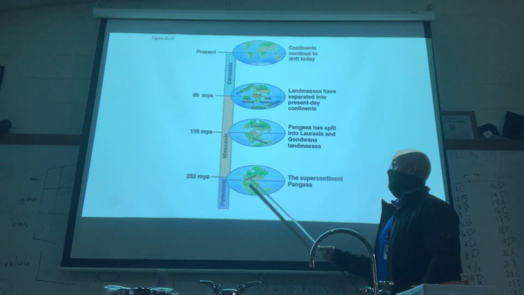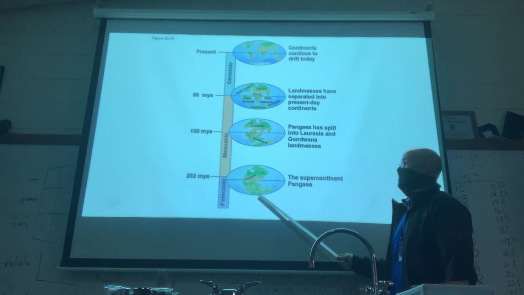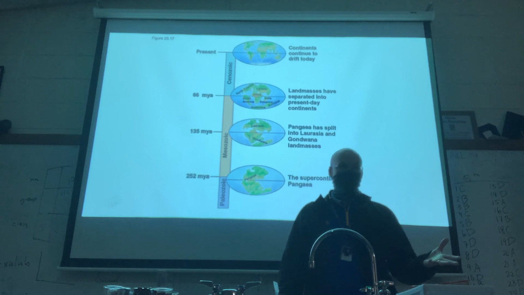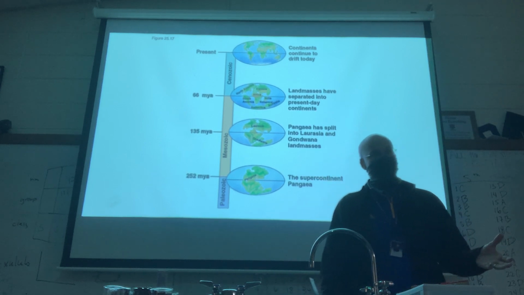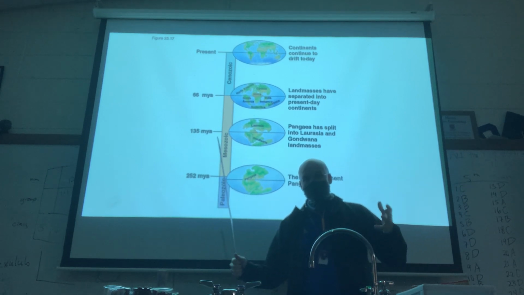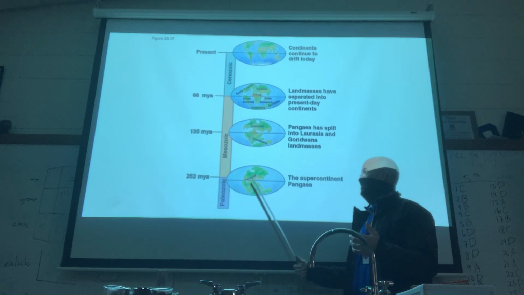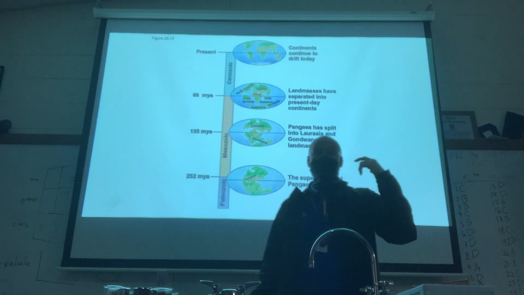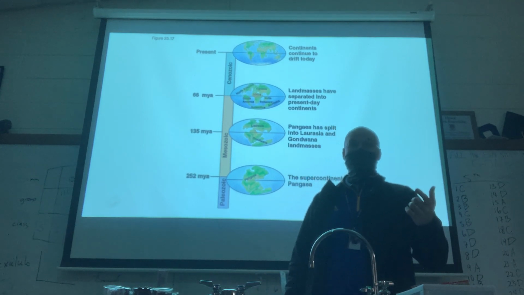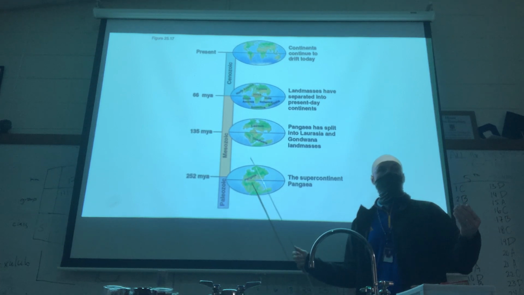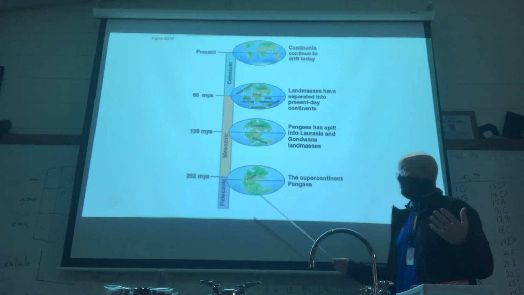So in the beginning of the age of dinosaurs, we actually have all the land masses stuck together as one large landmass called Pangaea. Now, what that means is that when dinosaurs first appear in the fossil record, and by the way, during this time the first mammals show up as well, there are fewer geographical barriers separating populations.